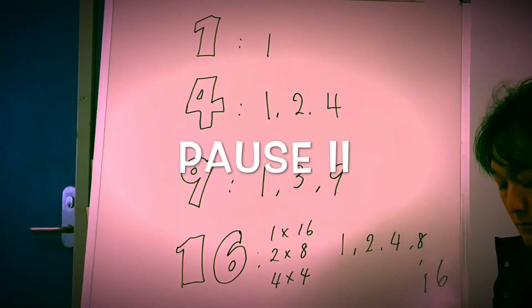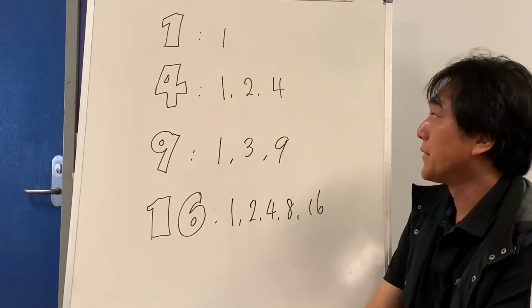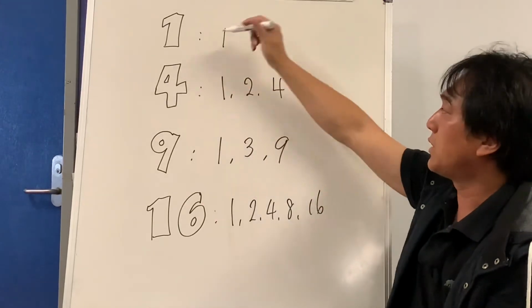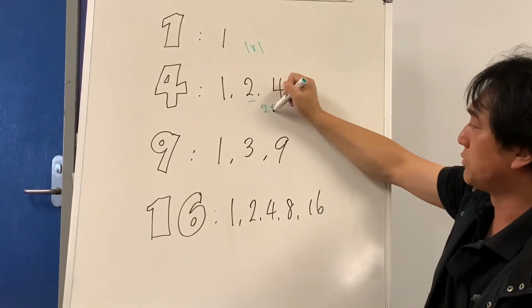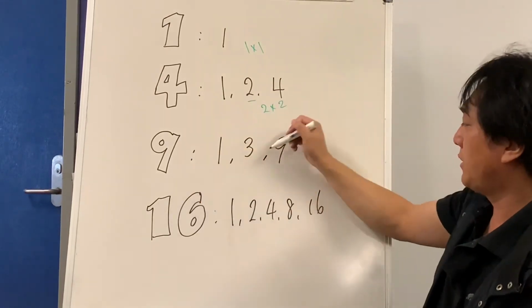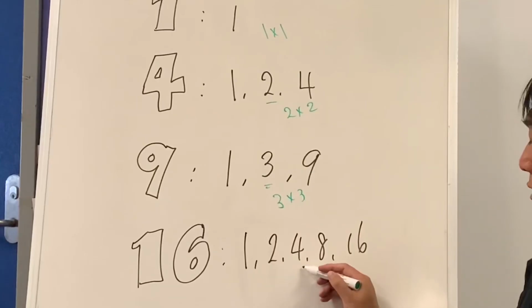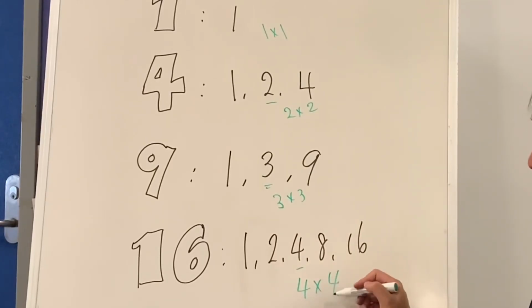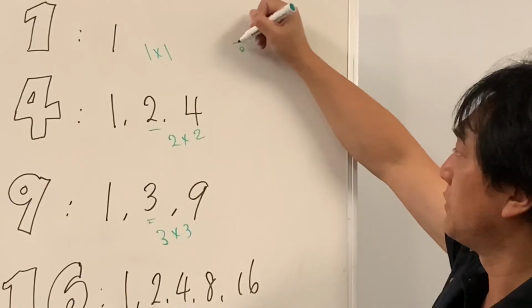And I'm sure you're right. 1 is 1 times 1. 4 is 2 times 2. 9 is 3 times 3. 16 is 4 times 4. So when I draw these numbers like we did before, there is an option.